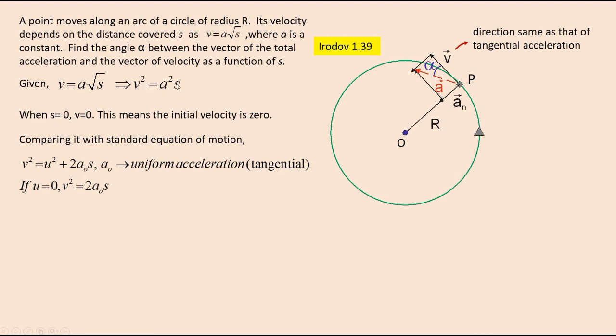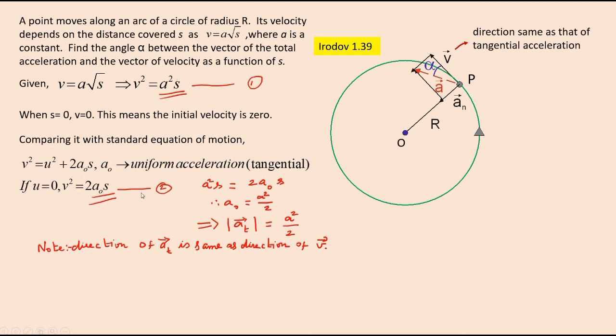V squared is a squared s. V squared is 2 a naught s. Here a is constant. Here uniform acceleration means a naught constant. So these two equations compare well. Call it equation 1, call it equation 2. A squared s will be equal to 2 a naught s. So a naught, the tangential acceleration, is a squared by 2, as s will cancel.